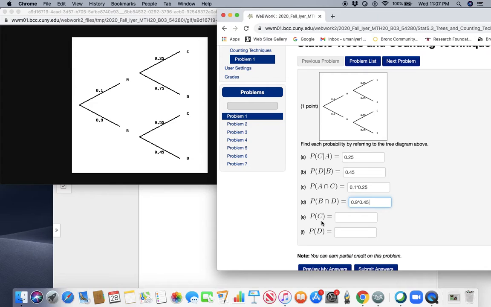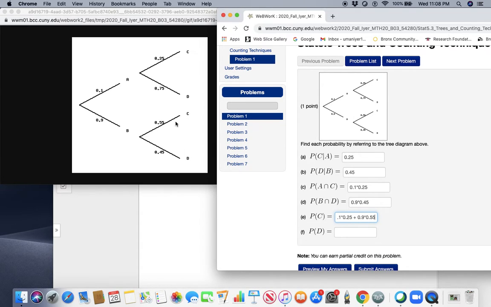Probability of C. Well, C can happen here or here. So this entire sequence, or this entire sequence. So that is 0.1 times 0.25 plus 0.9 times 0.55.